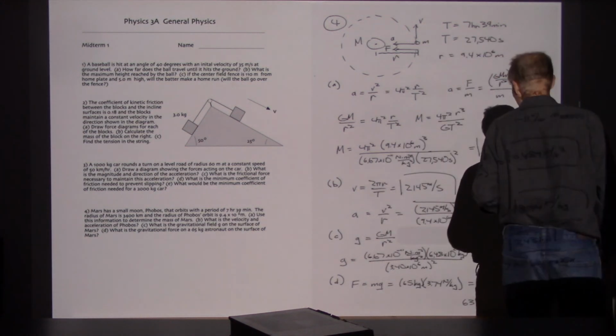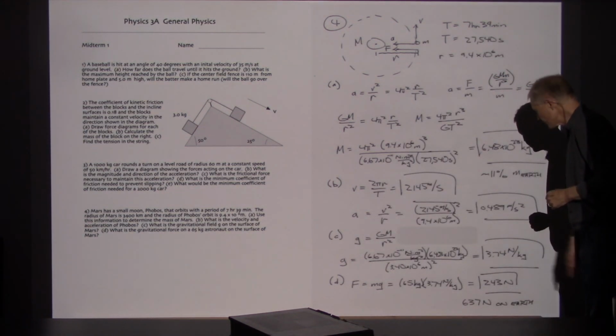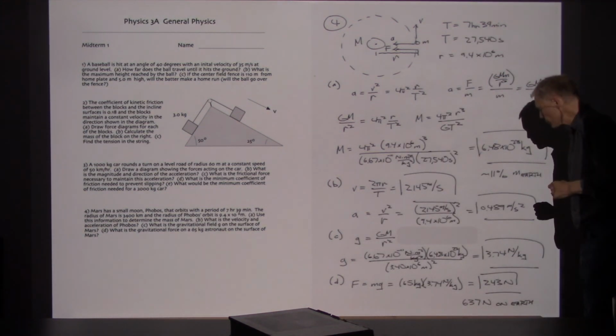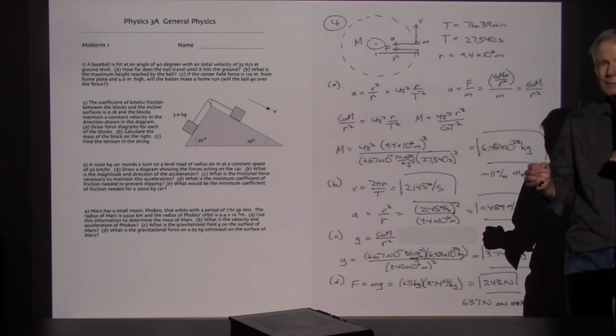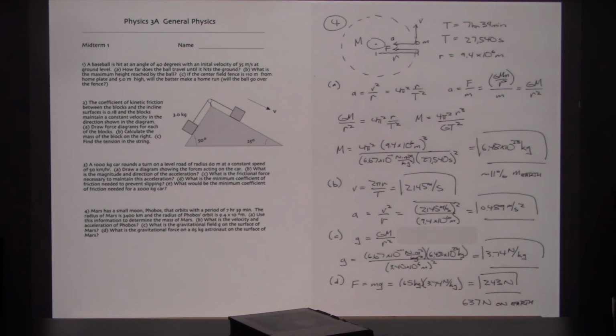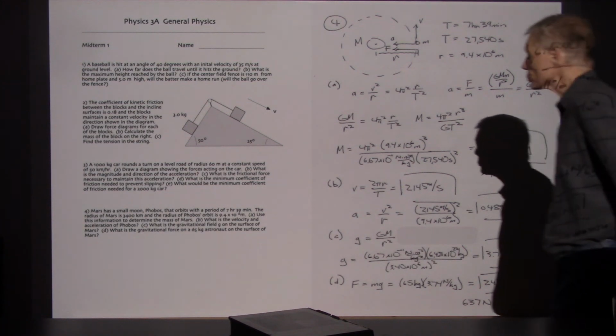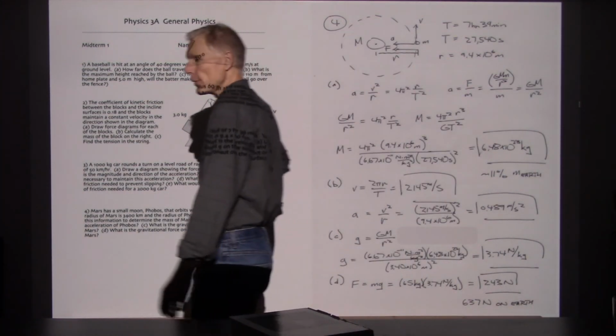On Earth's surface, it would be 637 newtons, but on Mars, the weight, it's a dangerous term to use, I know, the gravitational force would be reduced to 243 newtons. Okay, so just for comparison there.